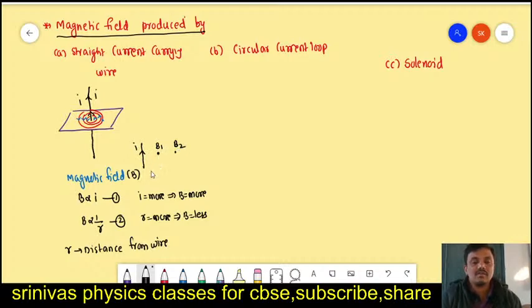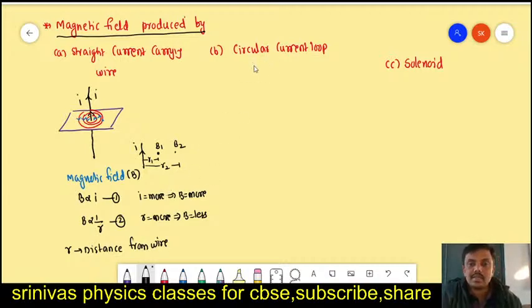Can you tell whether B1 is greater than B2, B2 is greater than B1, or B1 equals B2? The first point distance is R1, the second point distance is R2. When you go far away from the current carrying wire, the field decreases. Can anyone write the answer in the chat box? Okay, let us go on.